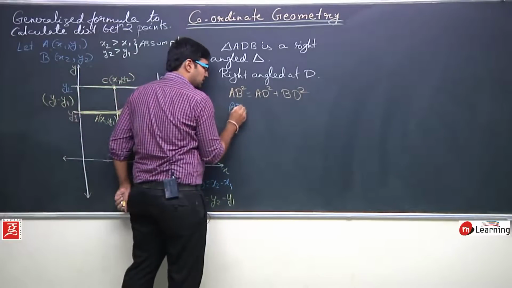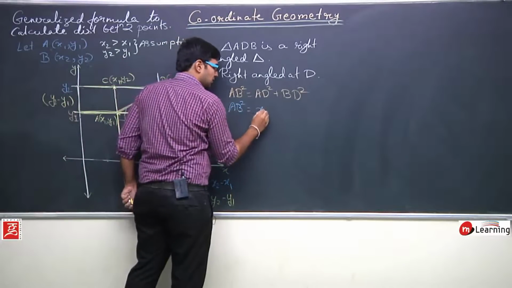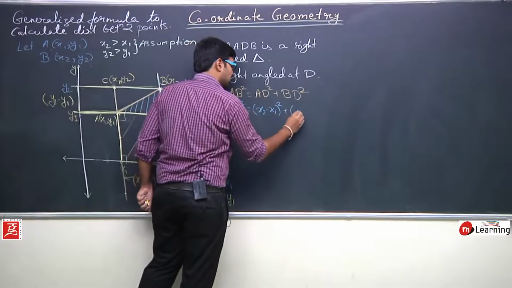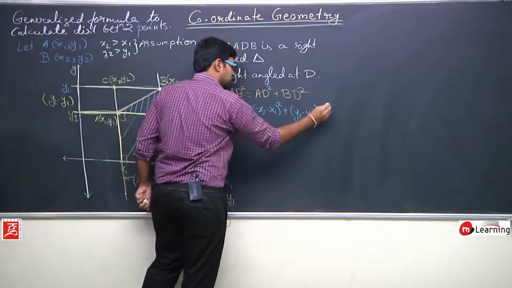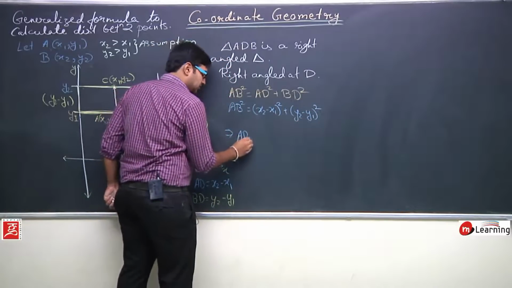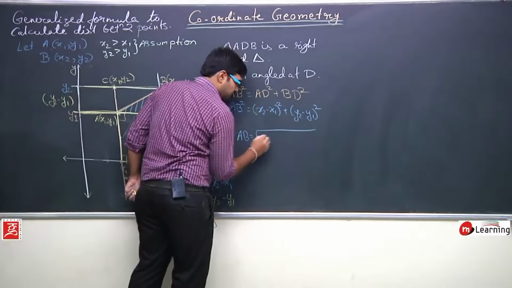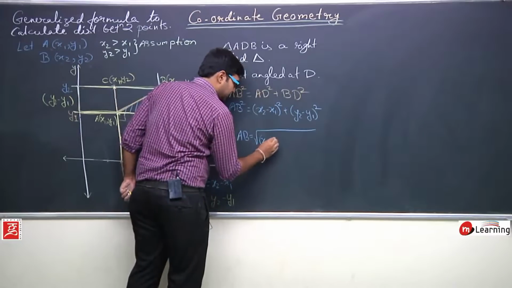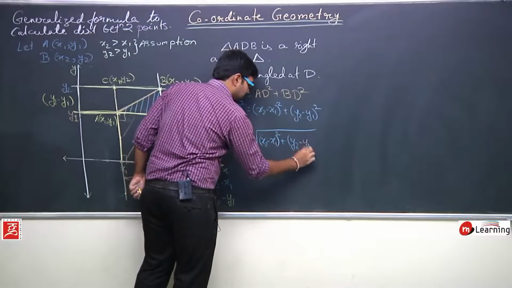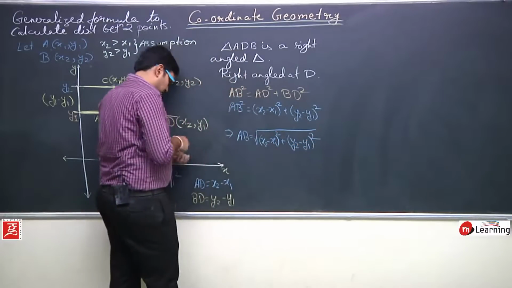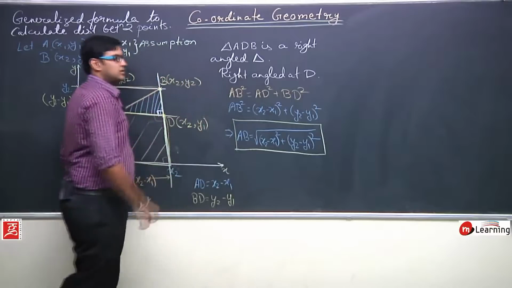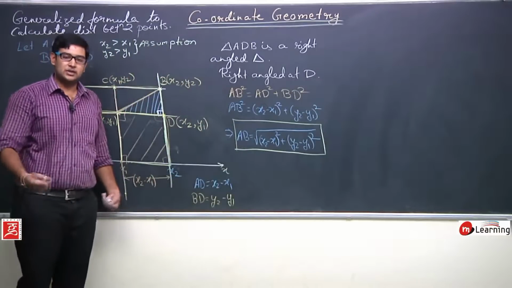So AB square will be equals to x2 minus x1 whole square plus y2 minus y1 whole square. So from this I can get AB is equals to root of x2 minus x1 whole square plus y2 minus y1 whole square, and this is the distance between the point A and B.